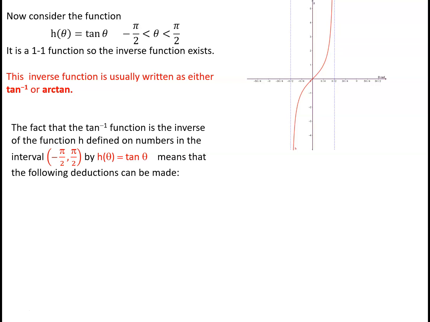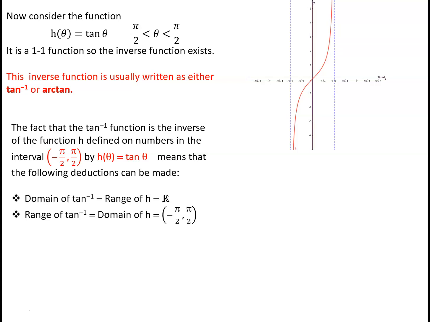The domain of inverse tan is going to be the range of h, which is all of the real numbers, which is usually denoted by this funny symbol R. The range of the inverse tan is the domain of the function h, which consists of all of the numbers which are greater than minus pi by 2 but smaller than pi by 2.